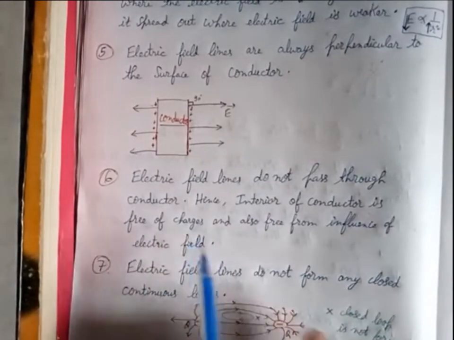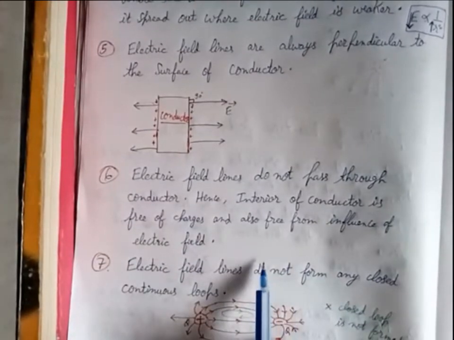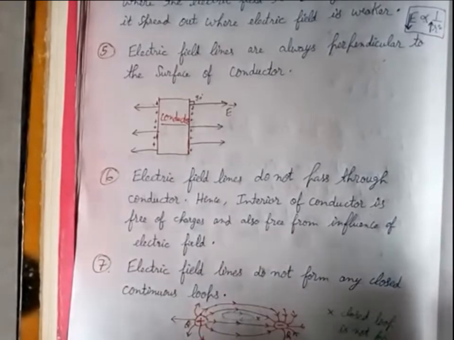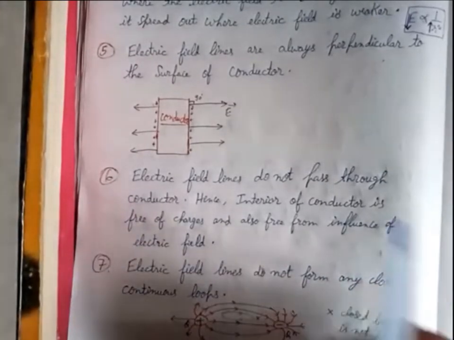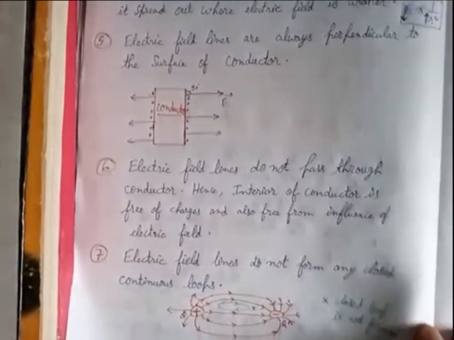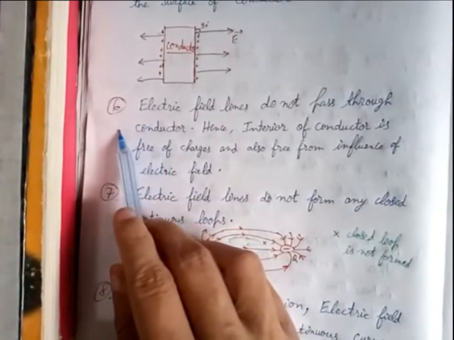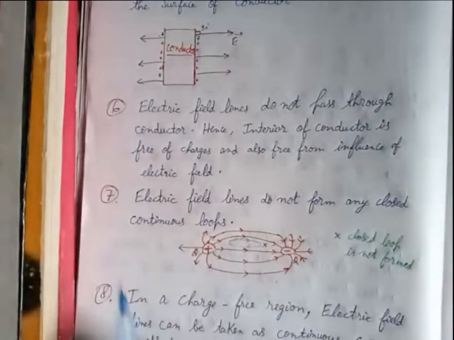Only the charges are present outside the surface of the conductor. So there will be no field or no electric charges inside the conductor. This point is telling this. The reason behind this point is also explained in the next coming chapter of electric potential.